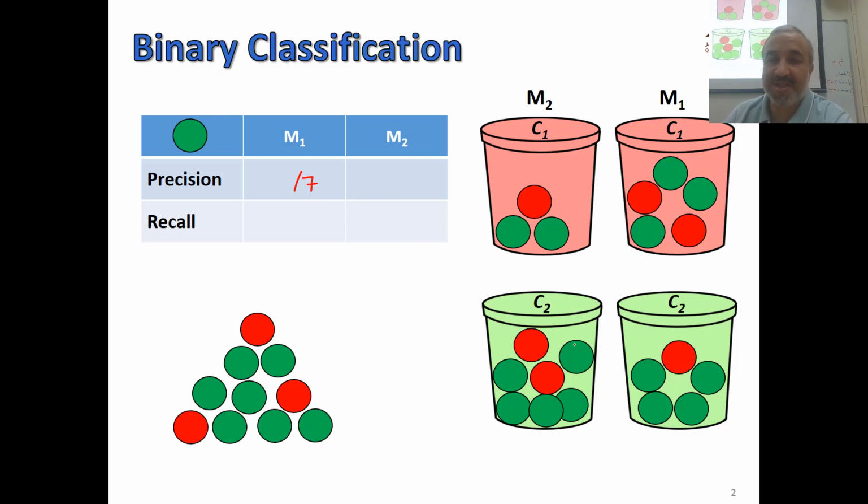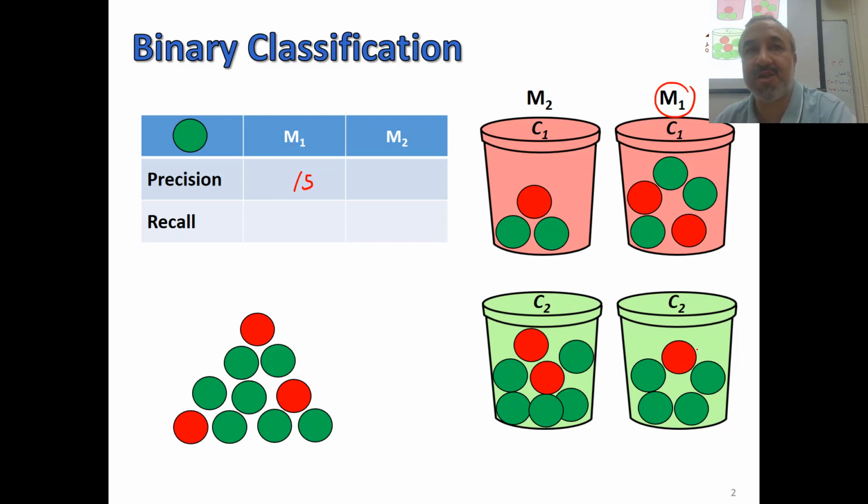And among them, so why is it 7? Because the model predicted 7 as green. Oh, that's M2. Yeah. So that's M2. Good. Someone is awake here. Okay. So that shouldn't be 7. It should be 5. Very good. Because we have 5 here. That's M1. So we have 5 here.